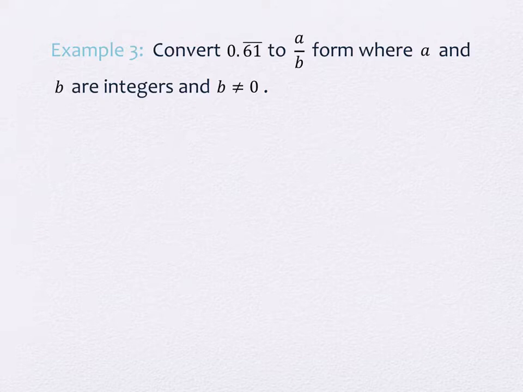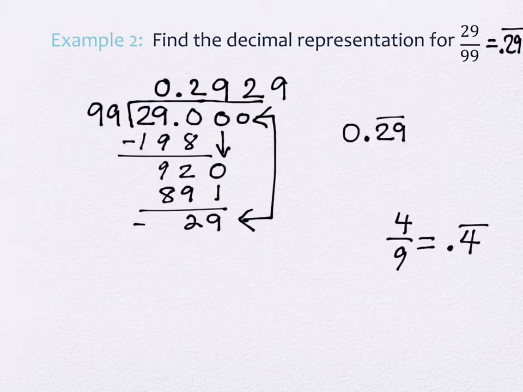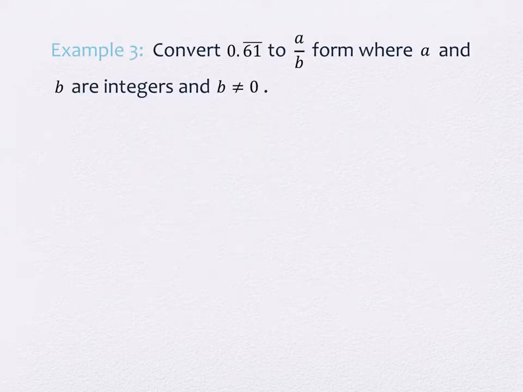So this next example has us go in the opposite direction. I am starting with a repeating decimal, and I need to turn it into a fraction. You might get the idea from what we just did with 29 over 99 being 0.29 repeating that 0.61 repeating will be 61 over 99, and it will. But not all the problems work out quite so nicely.